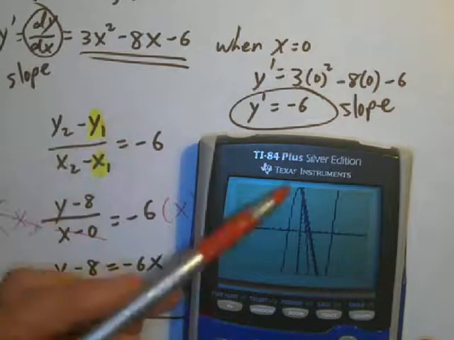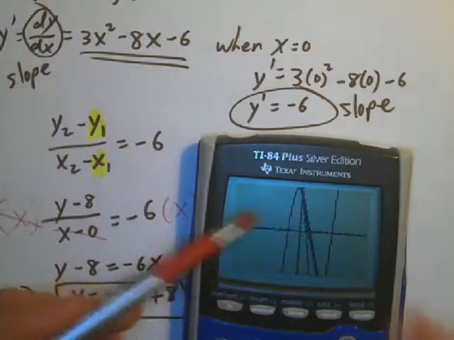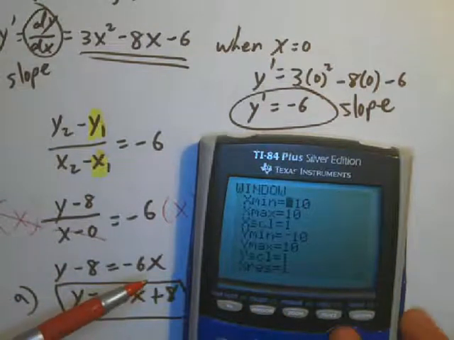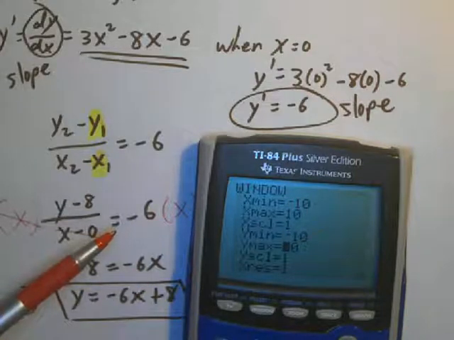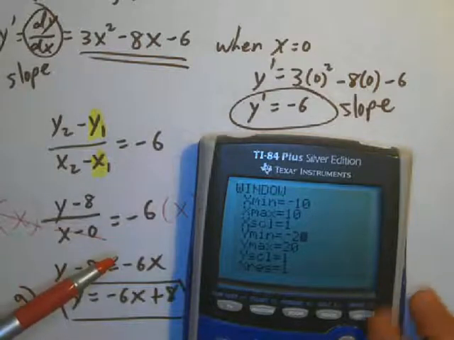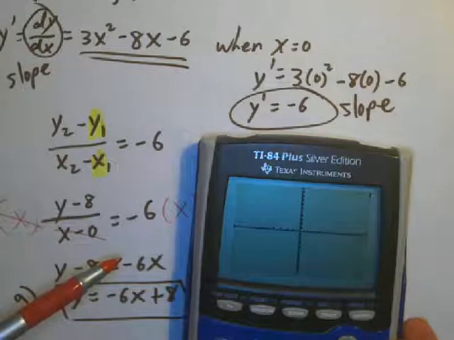I can't see the whole graph, so I need to change the window. I hit window and make the y values a little bigger: y max is 20 and y min is negative 20. I hit graph now, and we should get more of the graph. There we go.